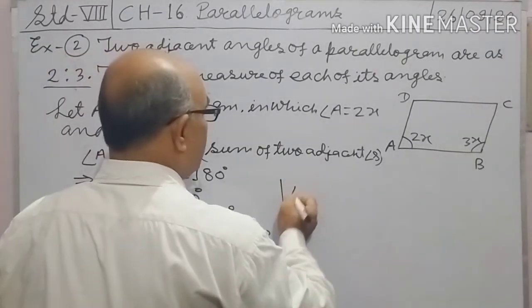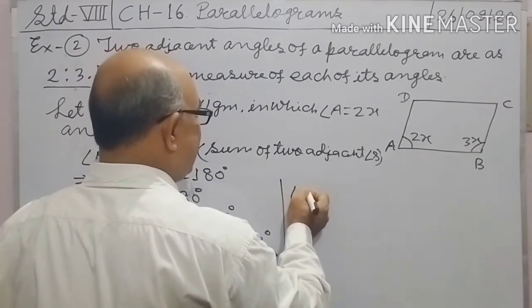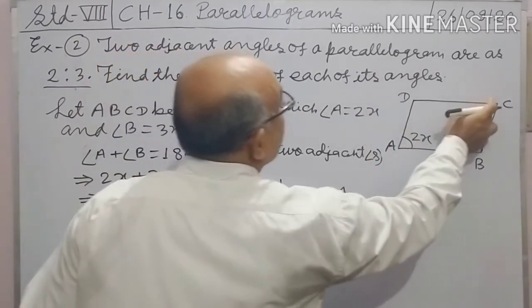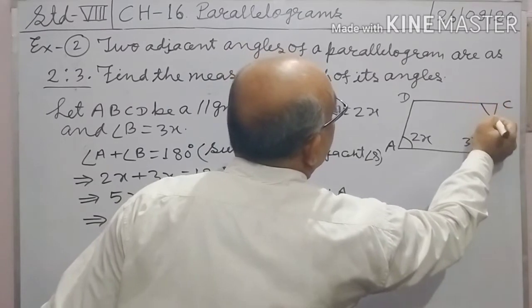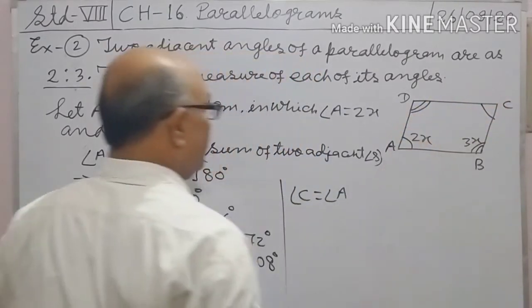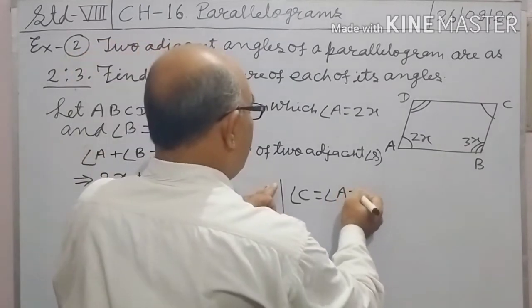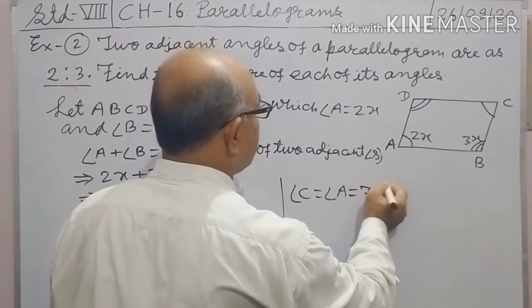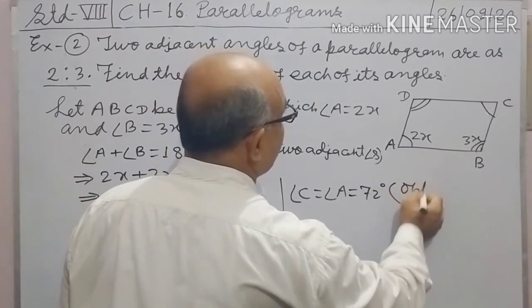Now angle C equal to angle A equal to 72 degree, opposite angles are equal.